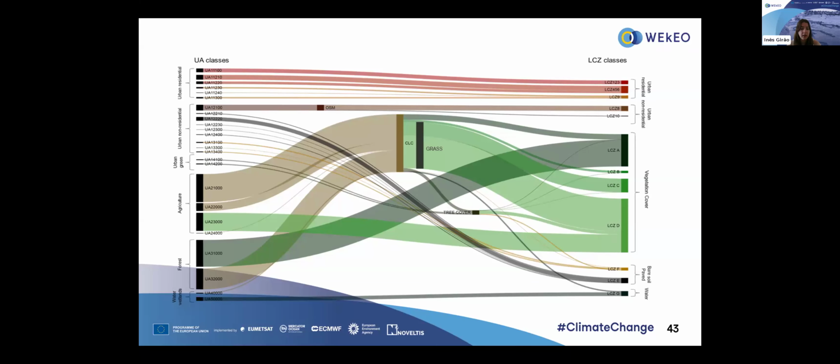In contrast, the class 23000, representing green areas, flows towards LCZ D, linked with lowlands and managed grasslands. So this rules-based classification allows for a deterministic, scalable, and interpretable translation of Copernicus land products into the LCZs.